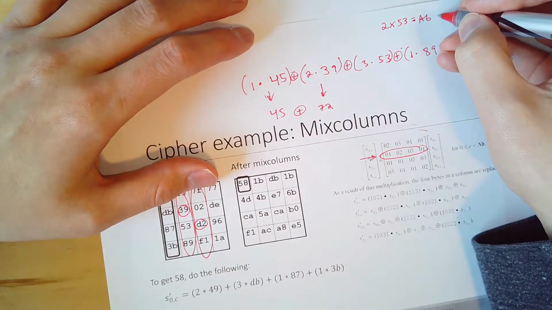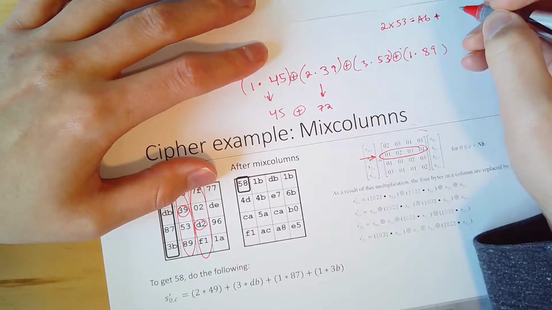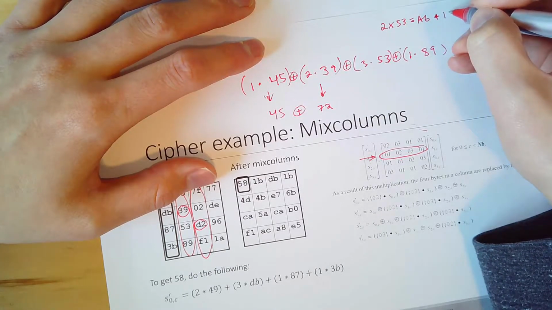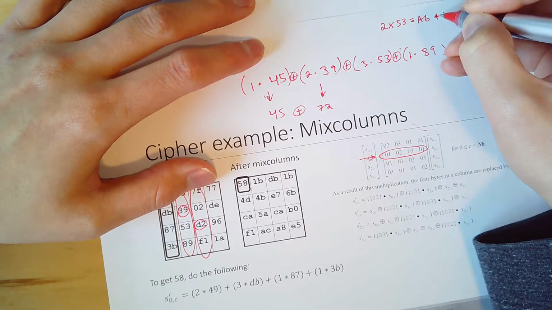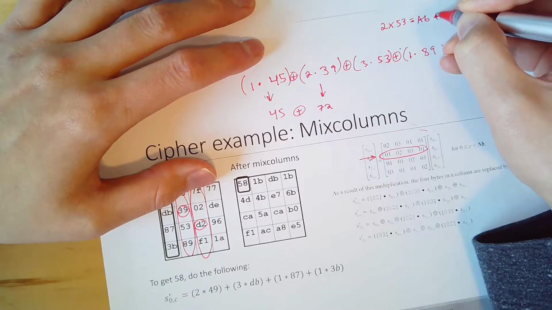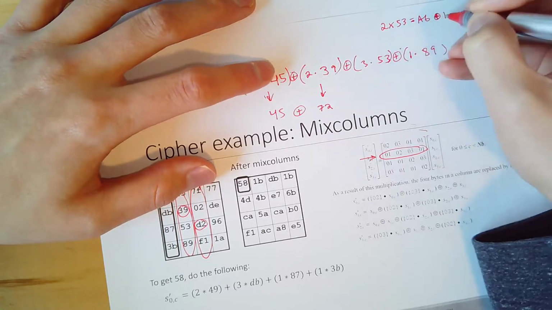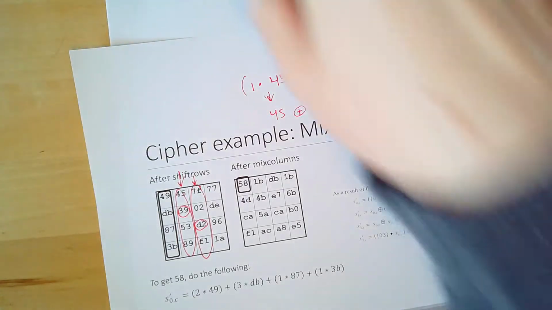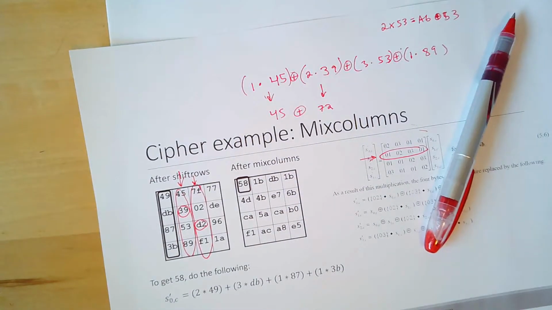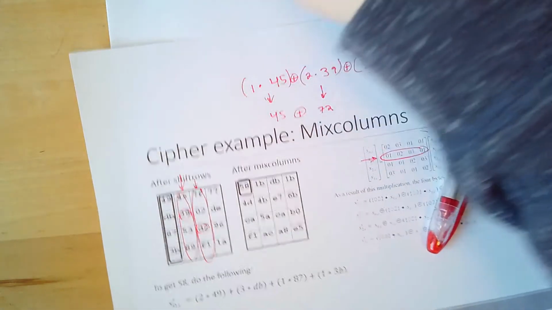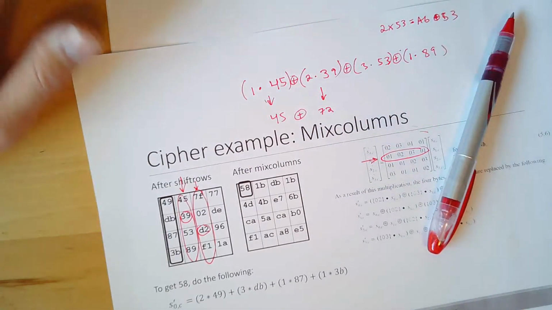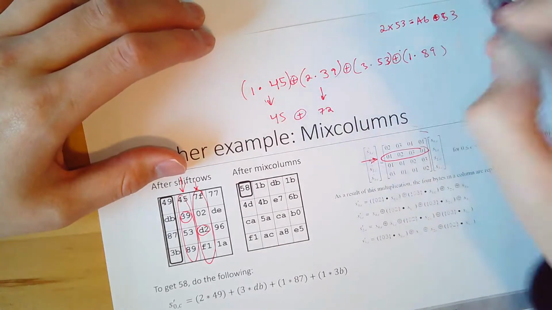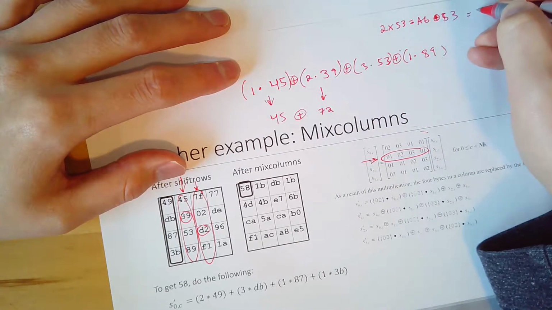And then we XOR with 53 again, and we're left with the value F5.